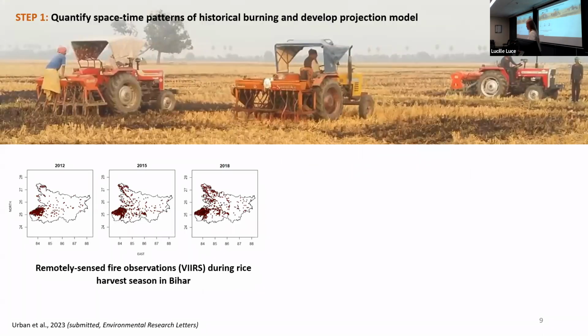So results show, just from a visual observation, I know the font's a little small in the back, from 2012, 15, 18, not only are we seeing fires increasing in the Southwest, but we're also seeing fires spreading to the east spatially.